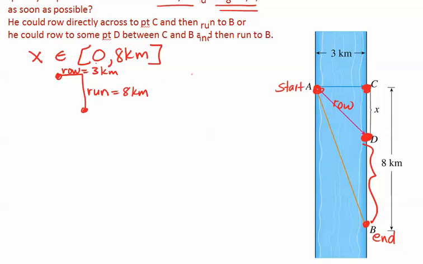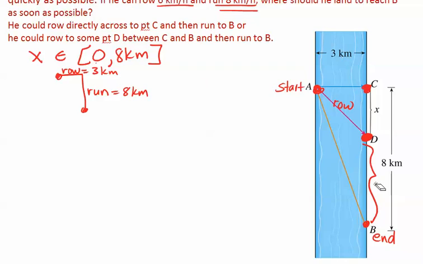The other option would be that he rows directly from A to B. So x is equal to 8, because x is the distance below C. So this is the distance that he lands downstream from point C. So this would be if he rows the entire distance, and it would be 0 kilometers of running.